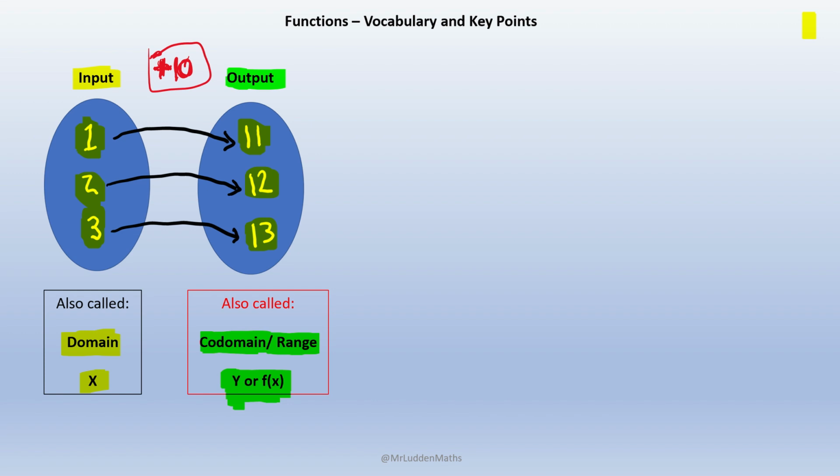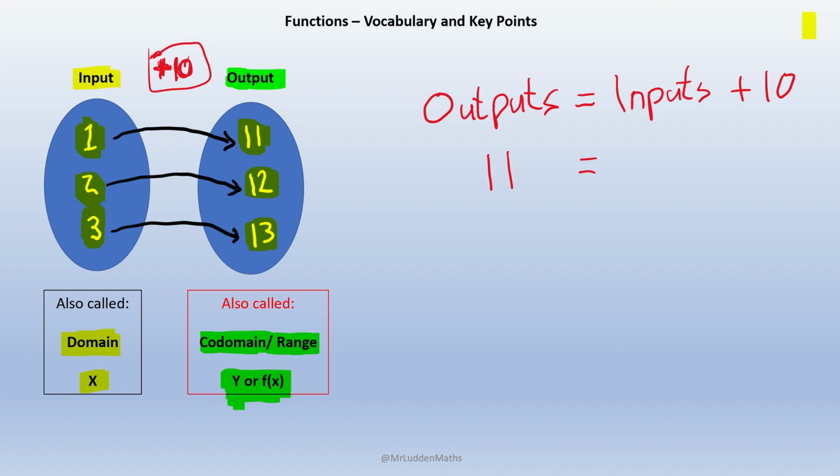And that's basically what functions are. Now, if we were to write that out in an English sentence, we would say that my outputs are equal to my inputs plus 10. So if I take the first scenario here, my output was 11, which is equal to whatever my input was, which is 1 plus 10, and of course we can see that that's correct.